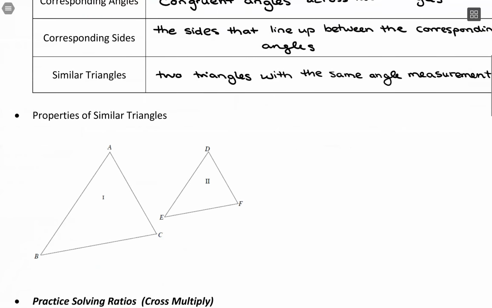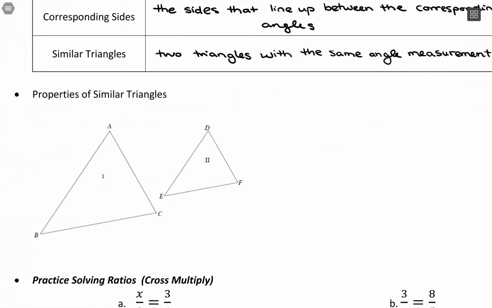So for properties of similar triangles, what we're going to do is first make sure that they are similar. So we'll make sure the angle measurements are the same. But then what we'll want to do is focus on corresponding side lengths. So like I drew up above, AB corresponds with DE, BC corresponds with EF, and CA corresponds with FD.